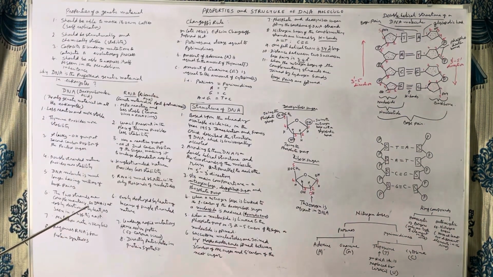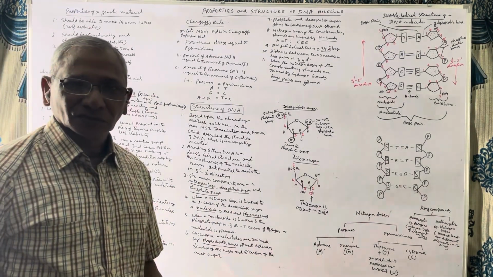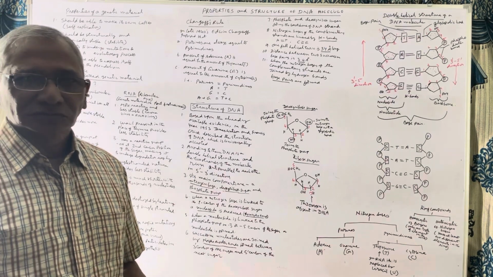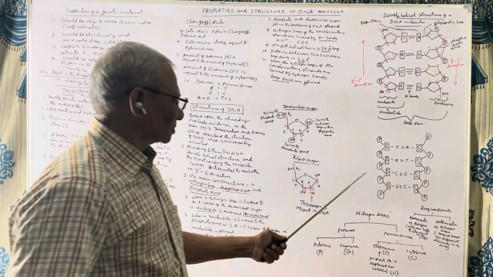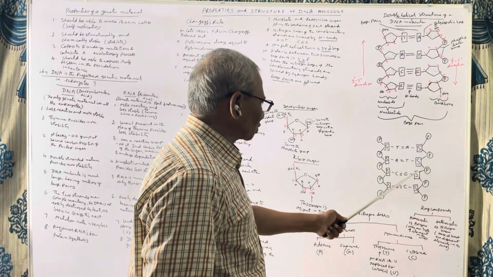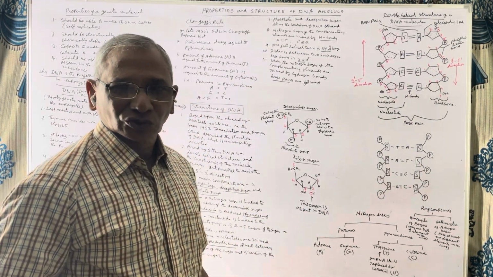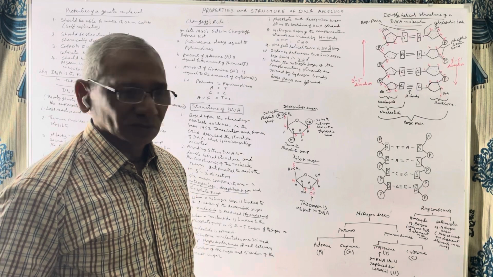Then, in the case of DNA, the 2 strands are complementary to each other. I will talk about complementary later on. So in a DNA molecule, both the strands are complementary to each other. So DNA is more stable.